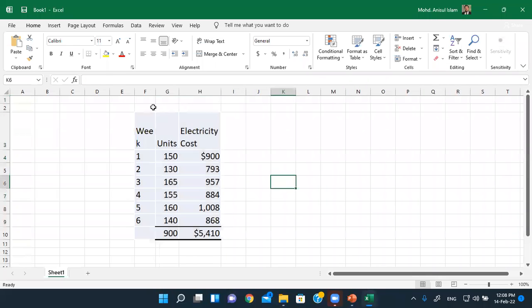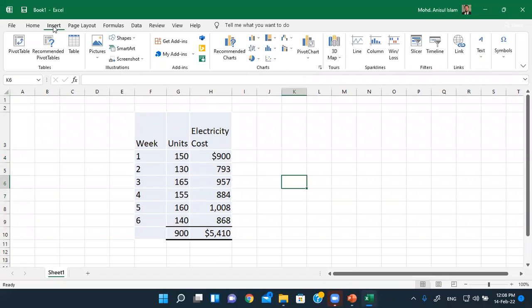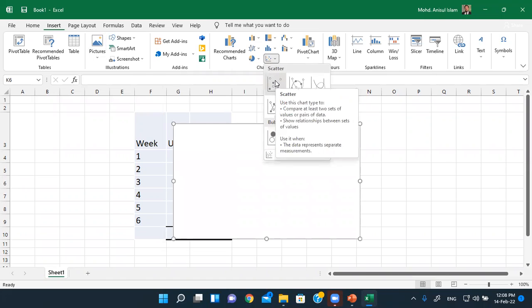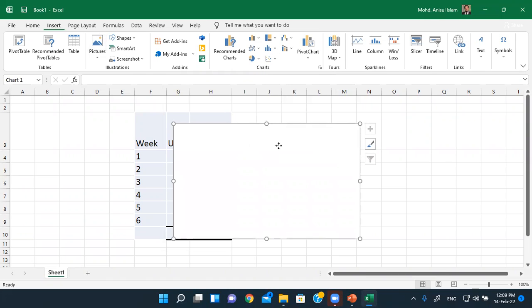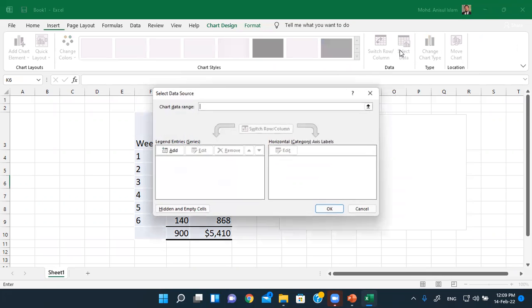Now our task is to find the scatter plot. This is our first requirement. From the Insert tab, you have a chart. These are some scatter plot options. We use a simple one. So we need to now select data. By clicking it, you will get the data, then select data.